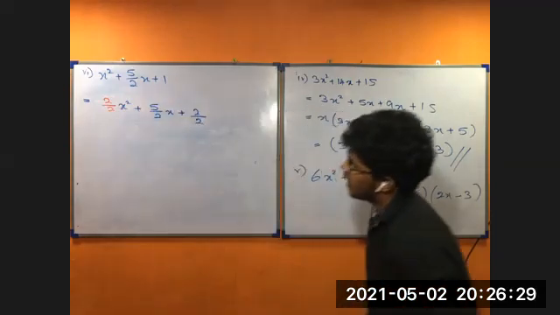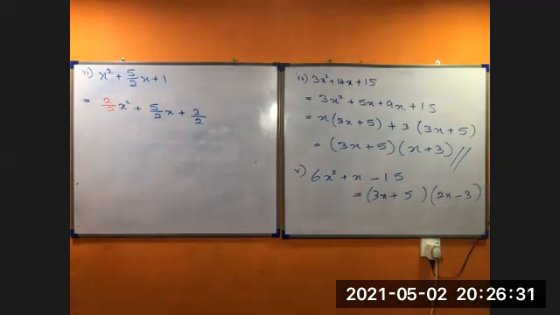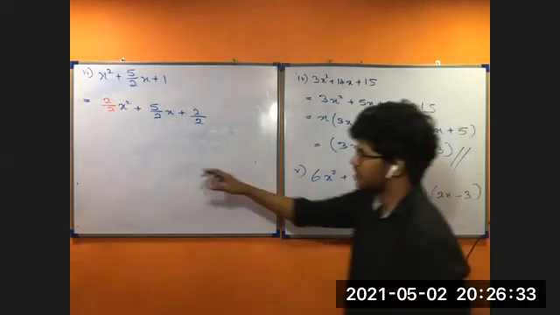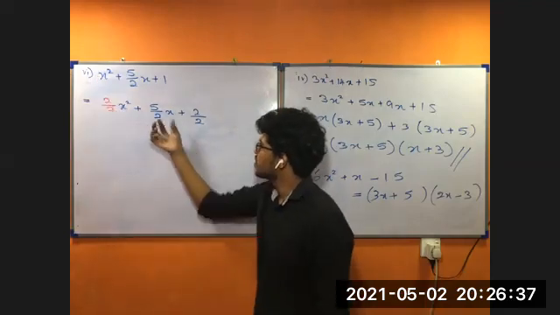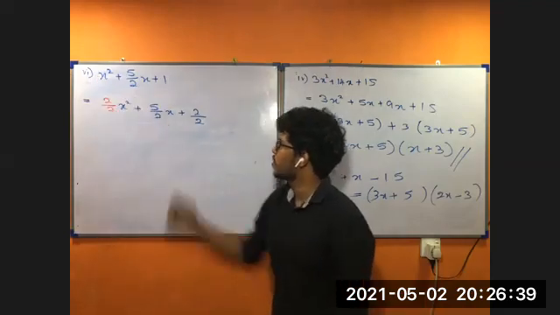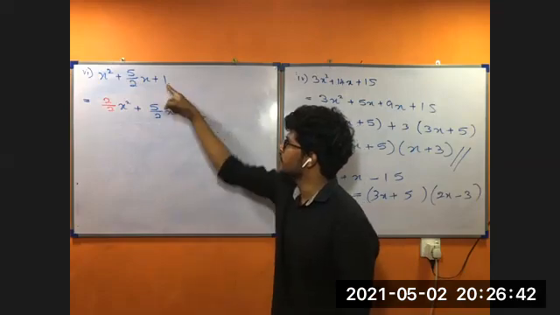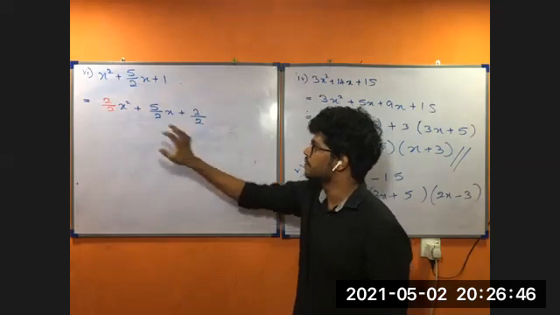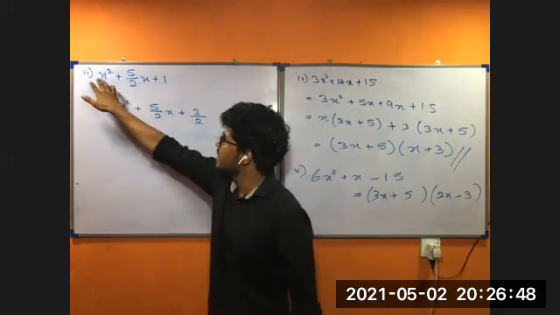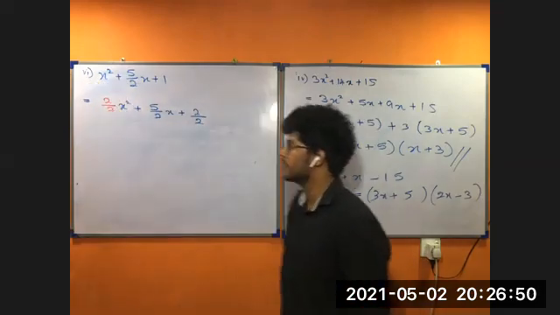There's no harm in writing it like this because 2 divided by 2 will give me 1, so it won't change. 5 divided by 2 is 5 divided by 2. Instead of 1, I just wrote 2 divided by 2, and here also instead of 1, I just wrote 2 divided by 2.